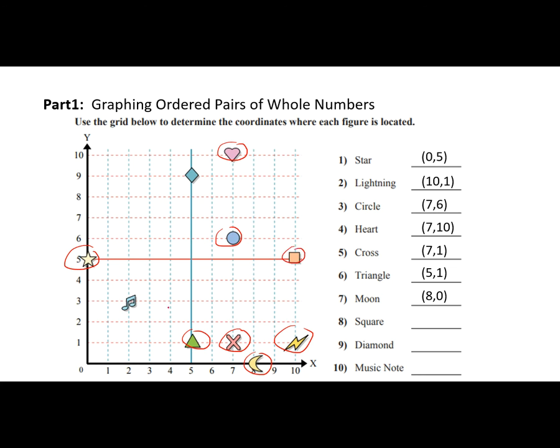Our square, if I start at the origin, I've traveled 10 on the x-axis, 5 on the y-axis. Our diamond, start at the origin, travel 5 on the x-axis and 9 on the y-axis. And finally, our musical note, start at the origin, travel 2 on the x-axis and 3 on the y-axis.